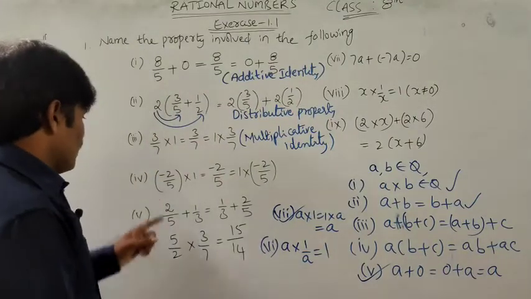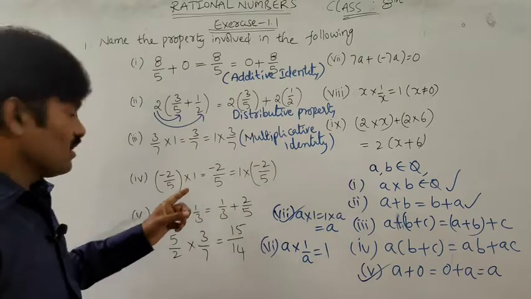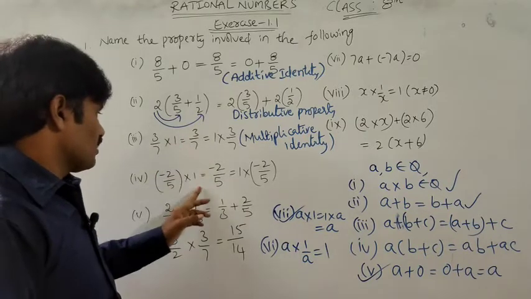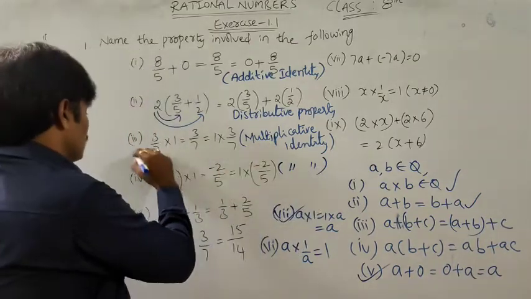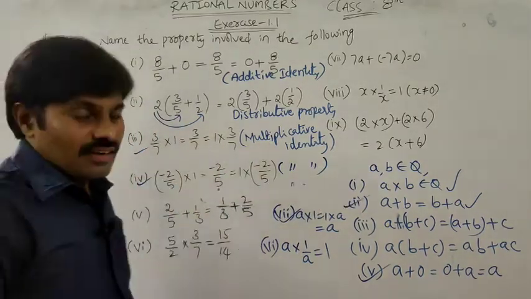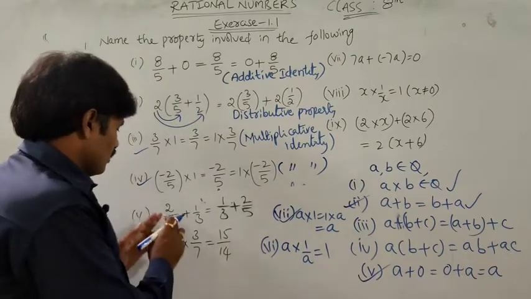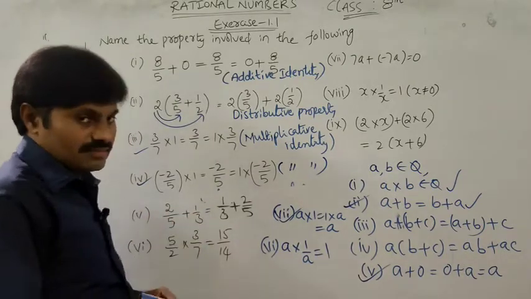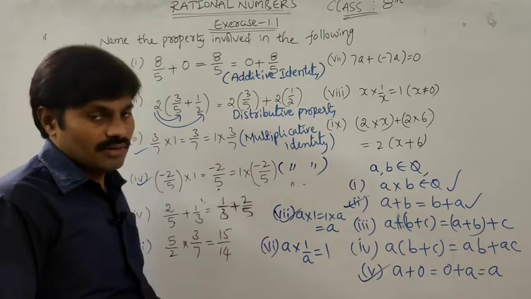Okay, clear? Now observe the fourth one also. It is like the third example, so this also comes under the same property, multiplicative identity. Three and four are the same. Now come to the fifth example. See here, 2 by 5 plus 1 by 3. On the right hand side it is 1 by 3 plus 2 by 5.